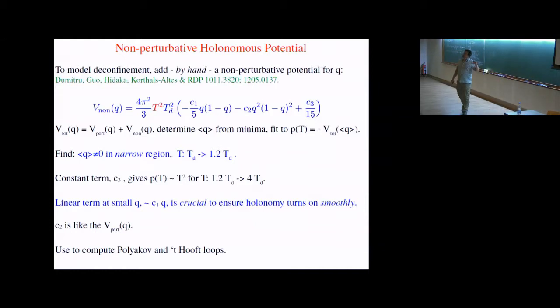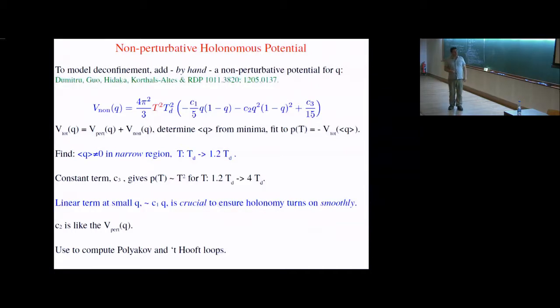Because you can think of this as some kind of Higgs model. And if you didn't have this kind of term, then you could have a first order transition between the ordinary perturbative vacuum, where Q equals 0, and a holonomous vacuum where Q is non-zero. And this is, in fact, much of what I'll talk about in the second half of the talk.